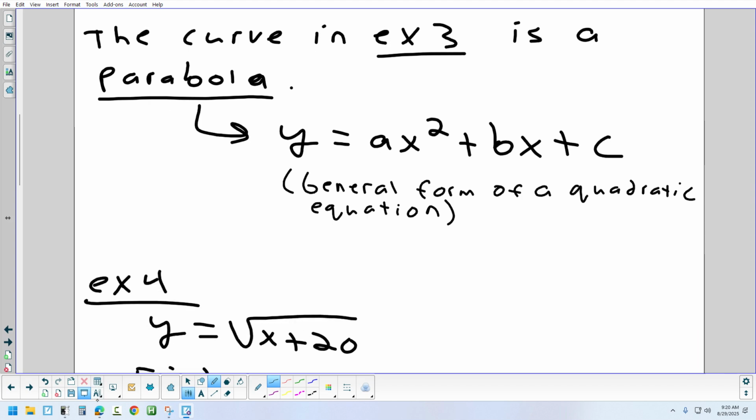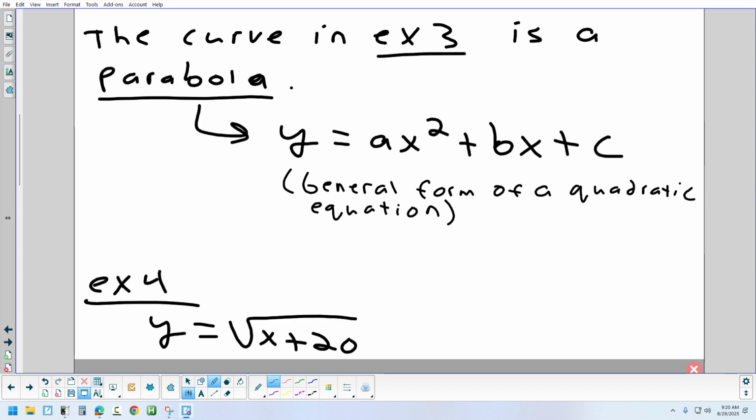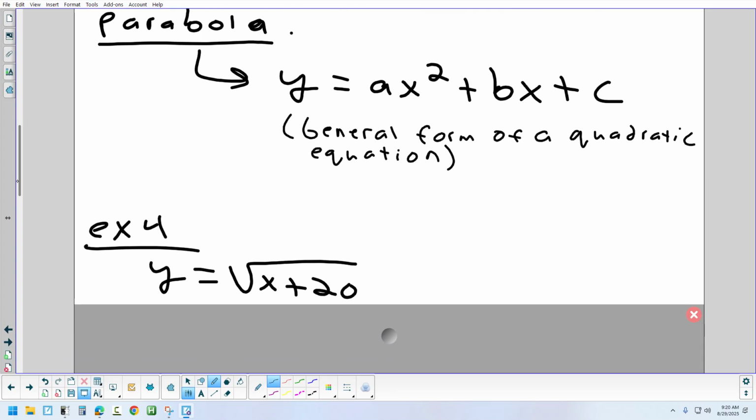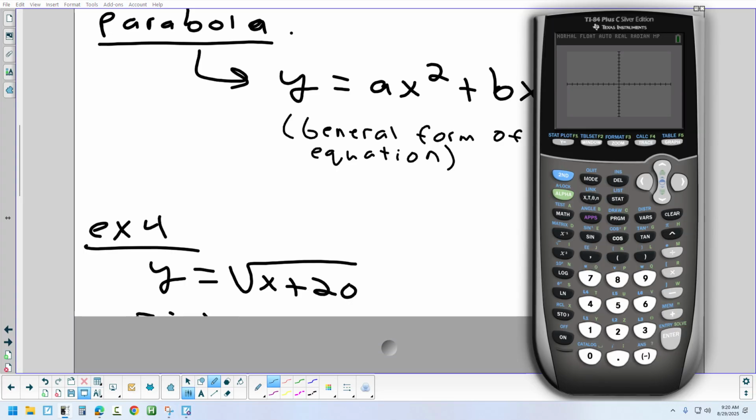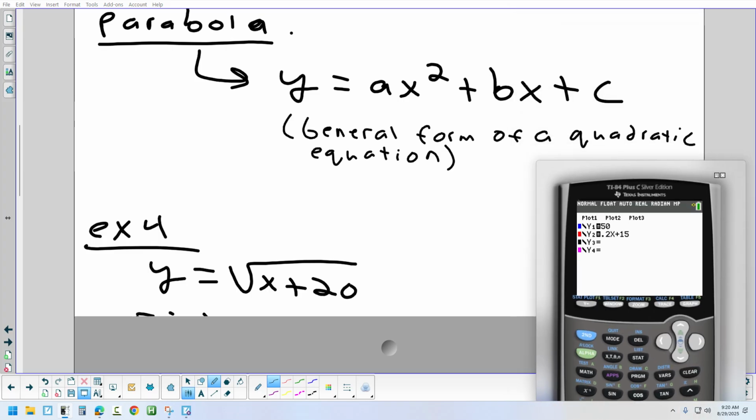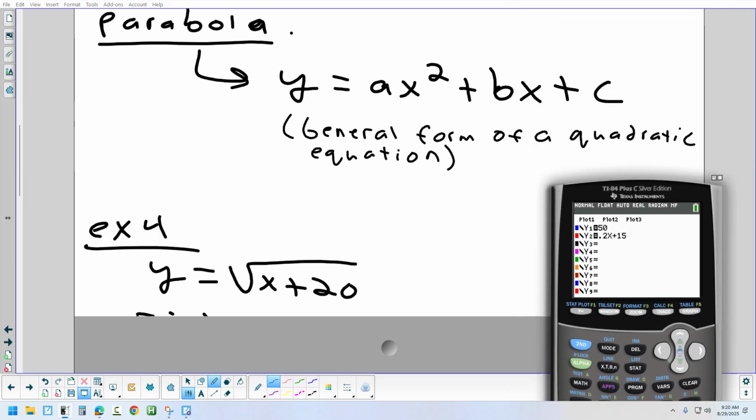All right, let's try graphing this one. Square root of x plus 20. Let's find a complete graph. So the first thing I need to do, I'm graphing something new, get rid of the old.